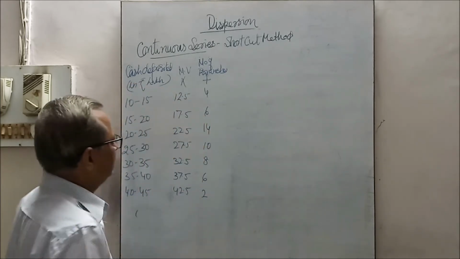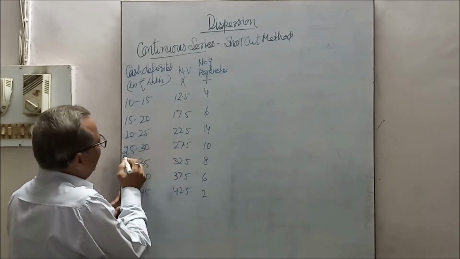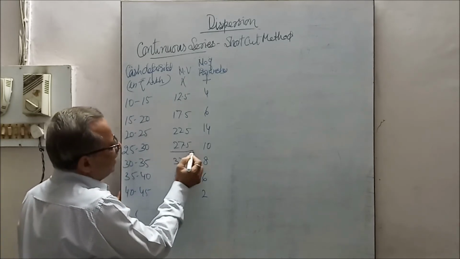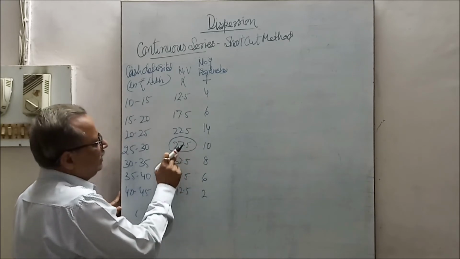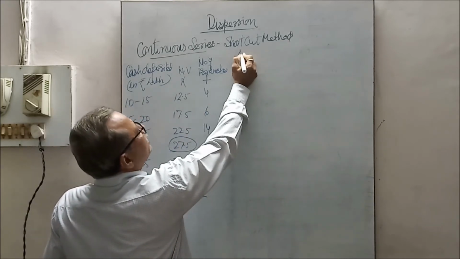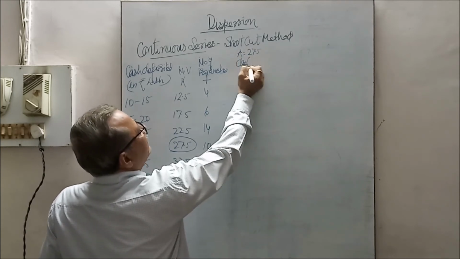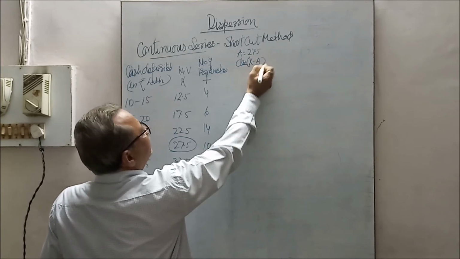First of all, we will assume any size of item as the assumed mean. Now I have taken 27.5 as assumed mean. This is called assumed mean a equal to 27.5. We'll find dx, that is x minus a.